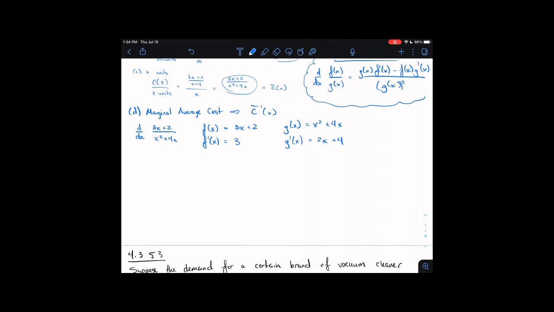So this derivative is going to equal low, g of x, d high, f prime of x, minus high, f of x, d low, g prime of x. That's the order I'm going to go in.